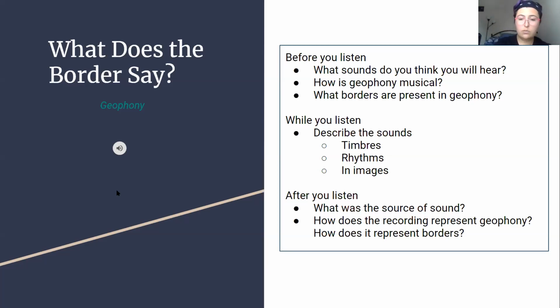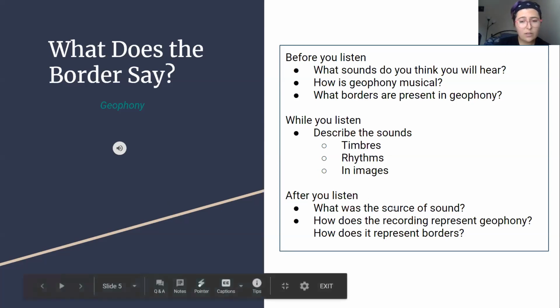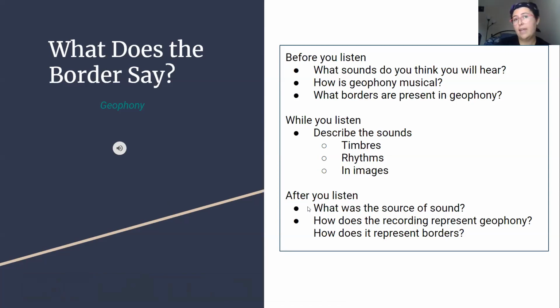Alrighty, so what do you think was the source of sound? Do you think that the source of the sounds that you were hearing were entirely geophonic, or do you think humans had a hand behind it? How does geophony and anthrophony work together to create a musical piece about what the border might say about border conflicts?